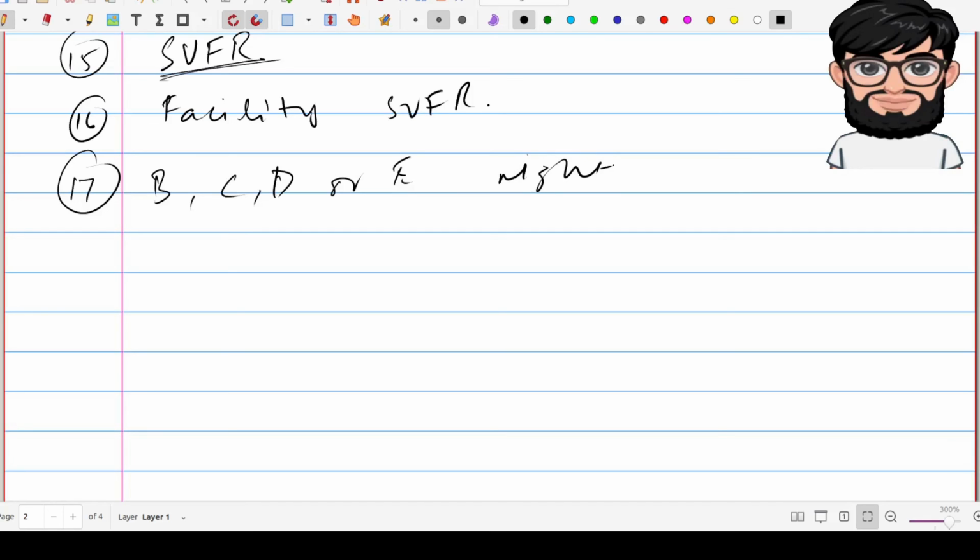Normally, special VFR operations by single engine fixed wing aircraft are prohibited between sunset and sunrise unless the pilot is instrument rated and the aircraft is equipped for IFR flight. Only then can they do that. But normally, you will not get the special VFR permission at night.